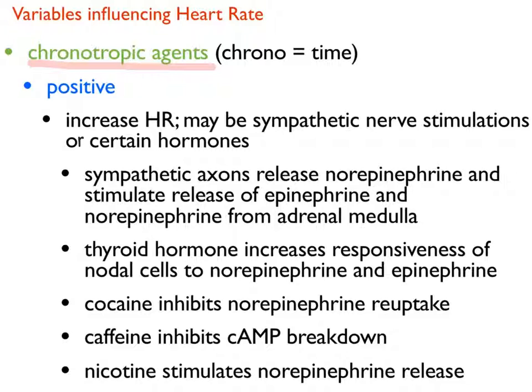I wrote down how exactly they are going to help with increasing the heart rate. You don't need to go into that much detail. I wouldn't ask you which one inhibits the cyclic AMP or anything like that, but know that they are chemicals. They're chronotropic agents that increase heart rate, that are positive chronotropic agents.